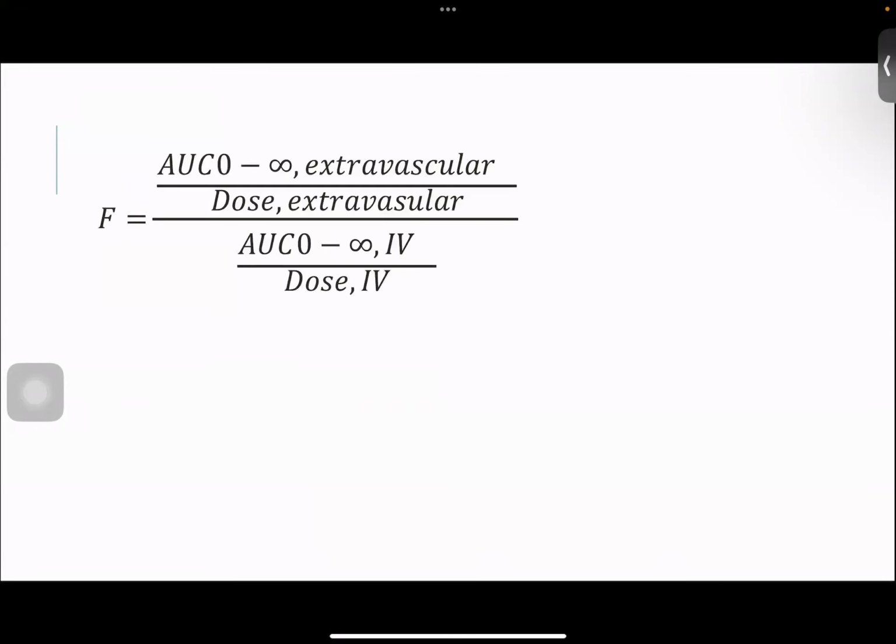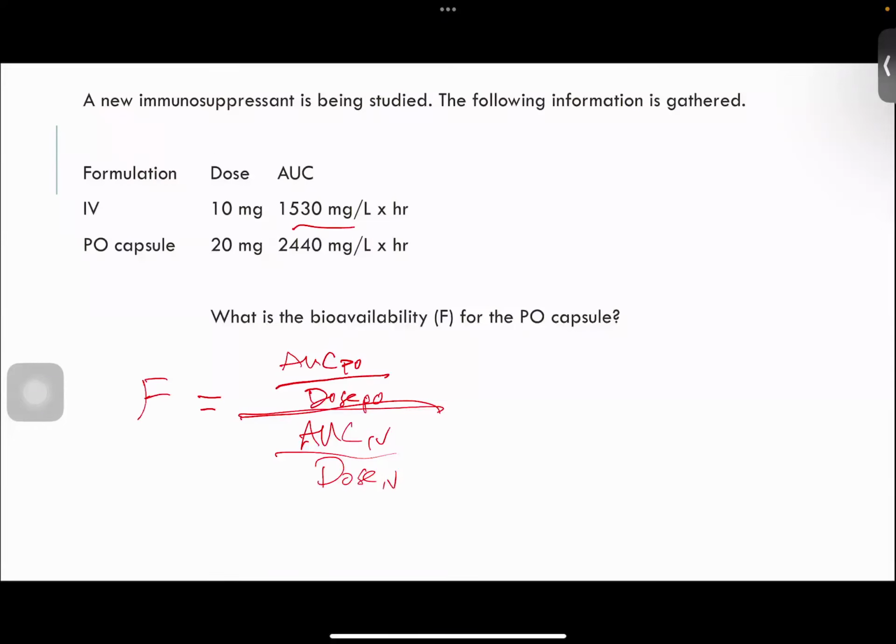I think I have it right there. Does that make sense to you guys? Shamaka, does it make sense to you? Good. All right, so plug and chug it.